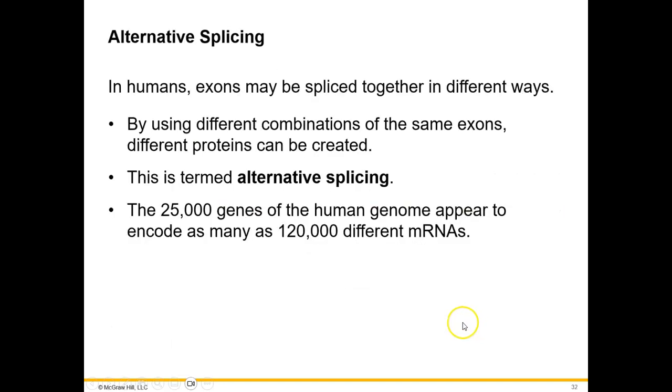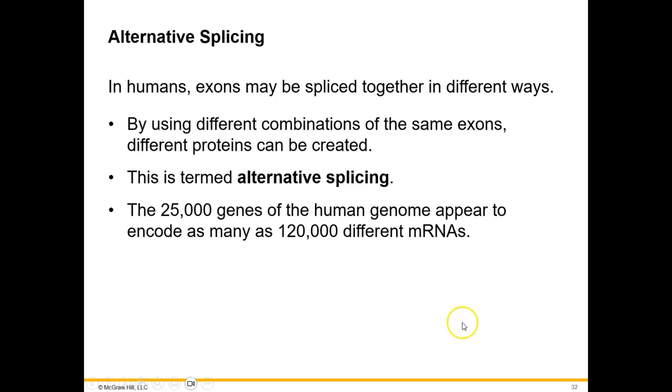So in humans, exons can actually be spliced together in different ways. And using these different combinations of the exact same exons can produce different proteins. The term for that is called alternative splicing, meaning at different parts we can splice our different exons together.